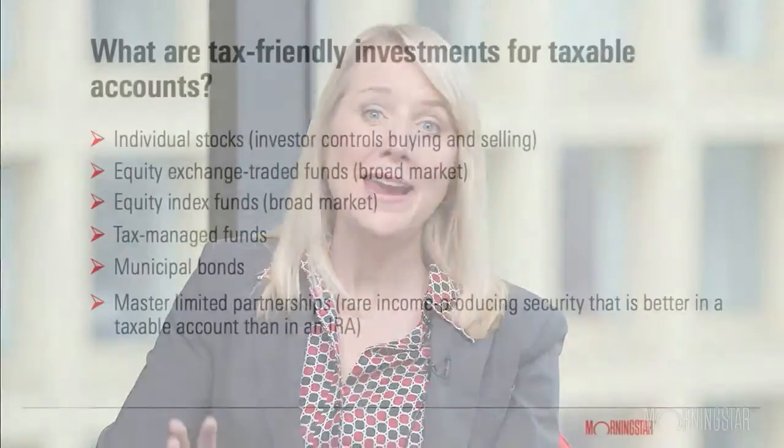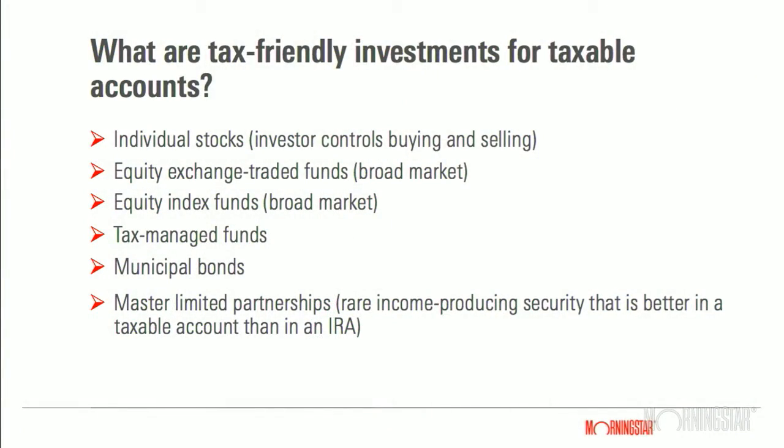So tax-friendly investments, I've talked about a couple. Individual stocks I would also add to the list, in part because the investor's profits are perfectly aligned with the realization of capital gains. So you control when you realize capital gains.